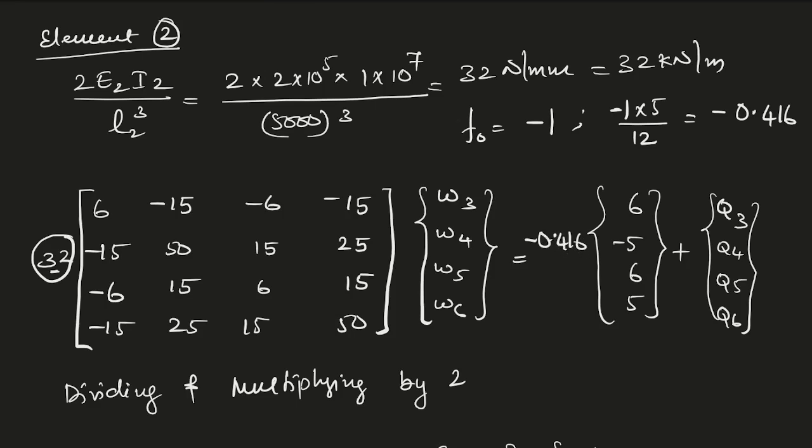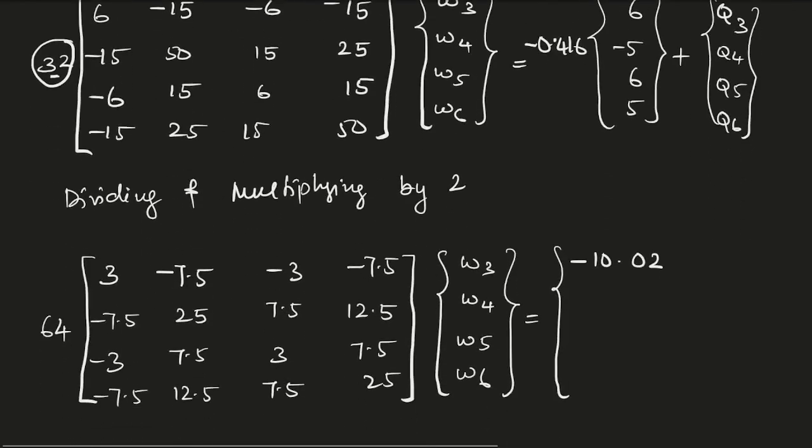So if I multiply this with 6, minus 0.416 into 6, it's minus 2.496, and again multiply minus 0.416 into minus 5, it is 2.08. Similarly you'll get minus 2.496, and it is minus 2.08.